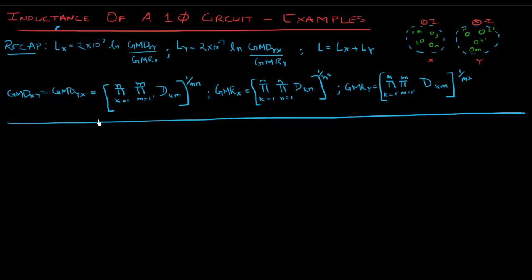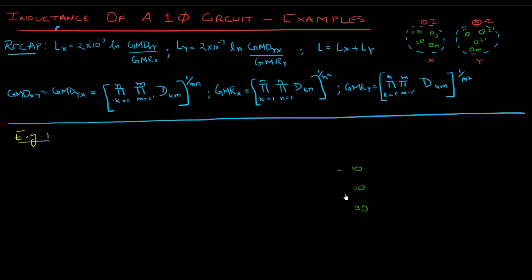Let's go ahead and solve our first example. So let's take a composite conductor. Let conductor X have 3 strands. So you have strands 1, 2, and 3.